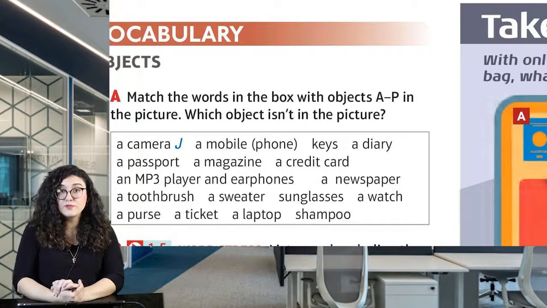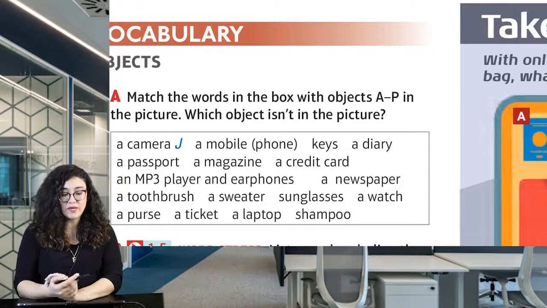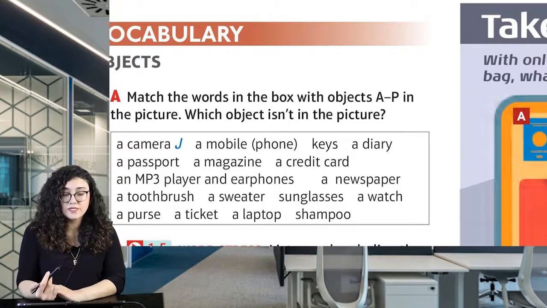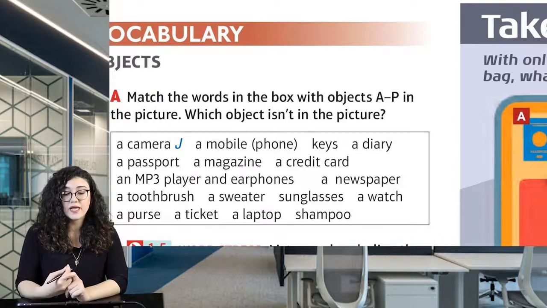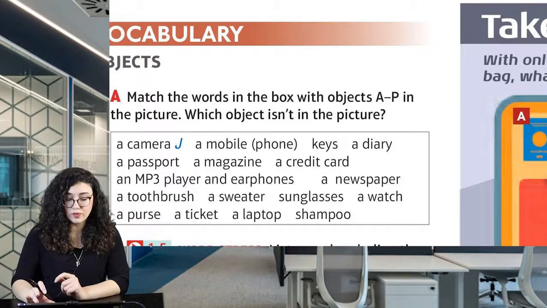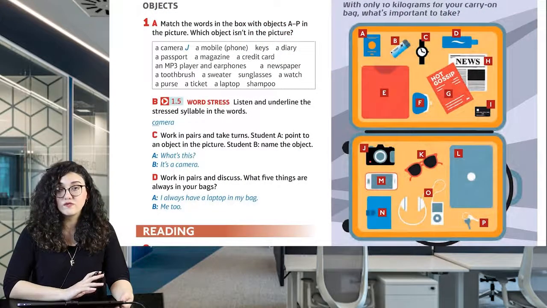So newspaper, toothbrush, sweater, sunglasses, a watch, a purse, a ticket, a laptop, and shampoo. And we can see most of these objects on the given picture.